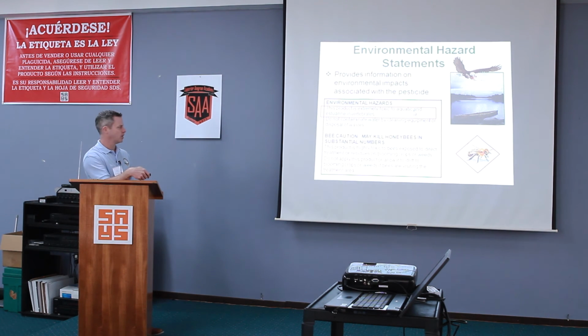But you'll also see environmental hazard statements for honeybees. And this is a new, I call it the bee box, but this indicates that the product is harmful to honeybees, and there are additional requirements on use and precautionary statements related to honeybees.